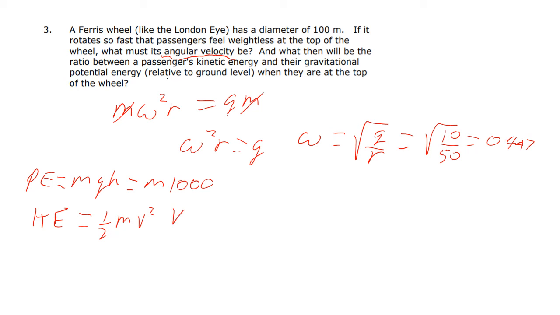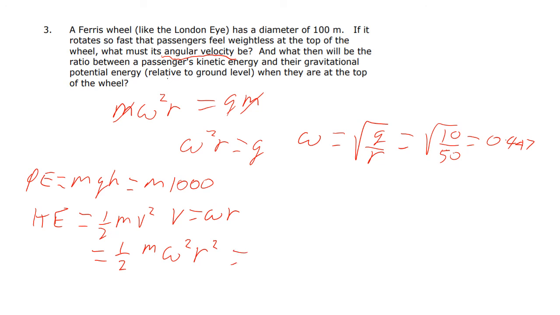So we can replace our velocity with omega r. That means our kinetic energy equation becomes half m omega squared r squared.